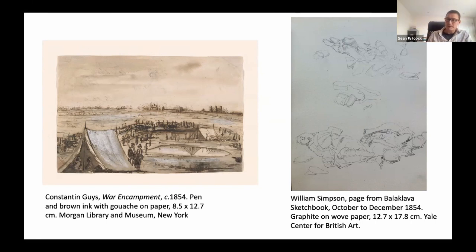And he saw in these sketches emerging from war zones the contours, really, of a new form of modern art. And like Baudelaire, the British also saw something particularly thrilling in the original sketches that were produced quickly on the spot.